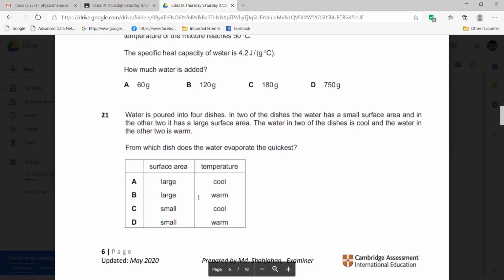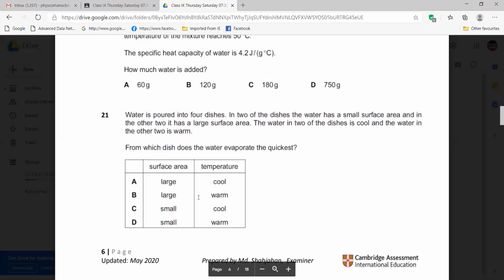If the temperature is more, then the air draft is more, airflow is more. If the temperature is more, then the evaporation is more, right? Yes, sir.